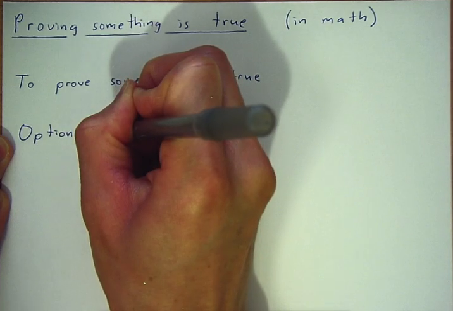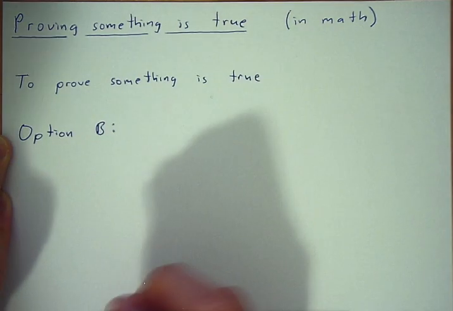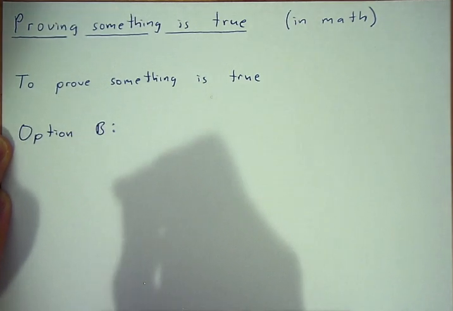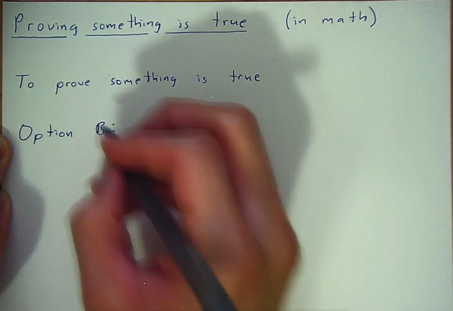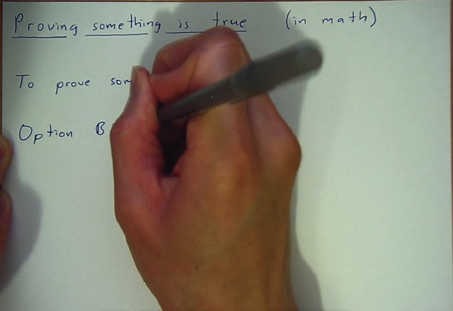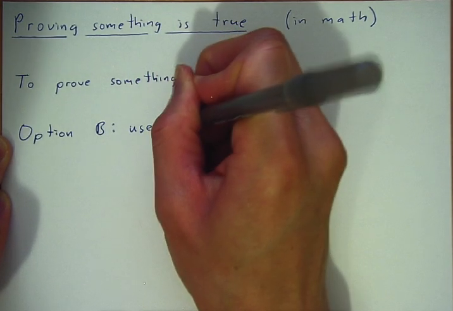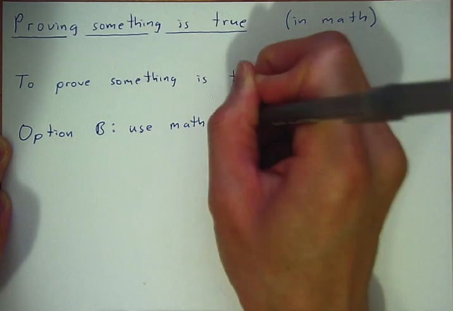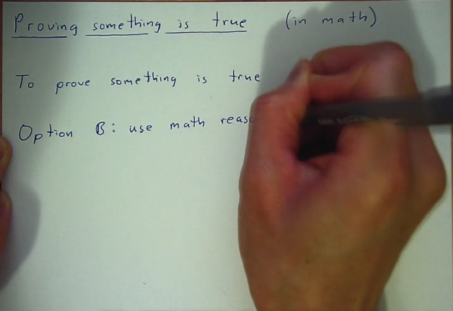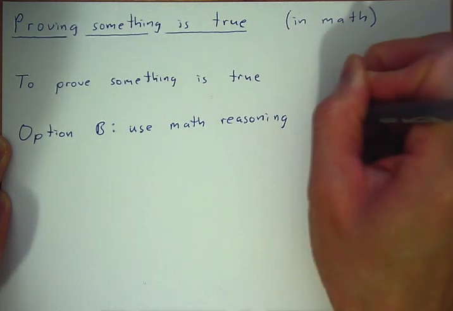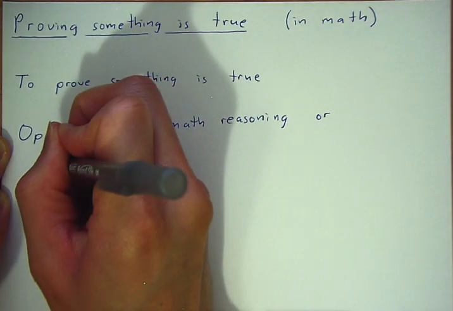Still going to call this option B so that it matches the notes from the previous slide. So option B, so you're going to be using math reasoning or math manipulation.